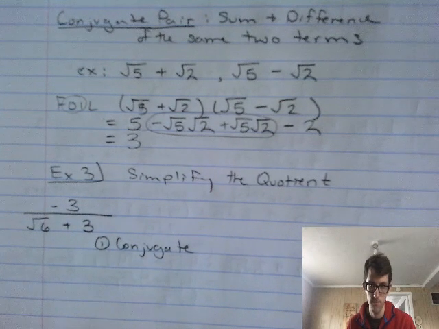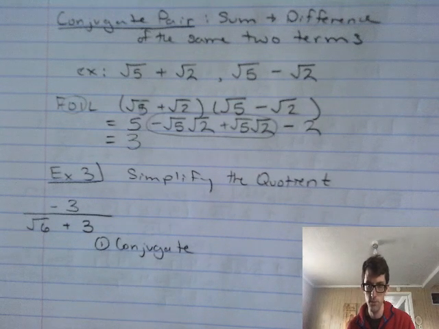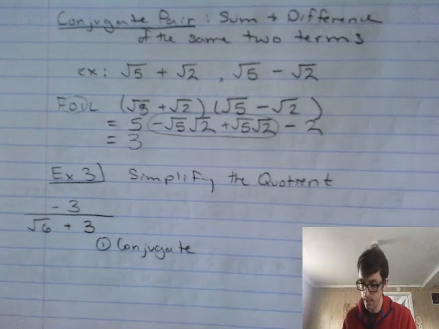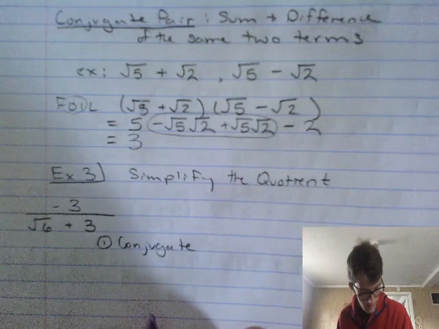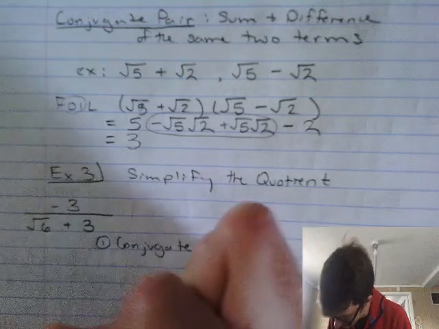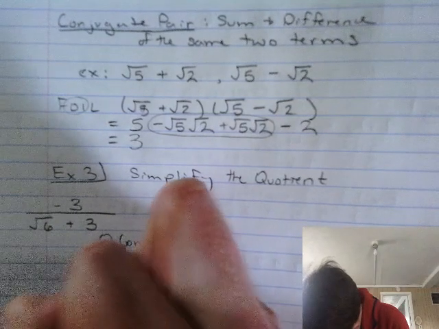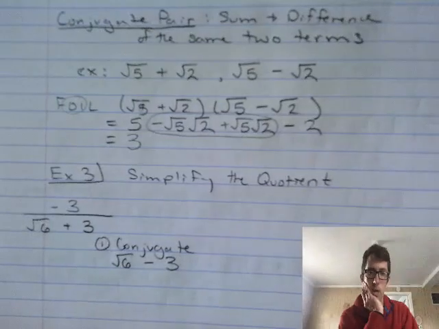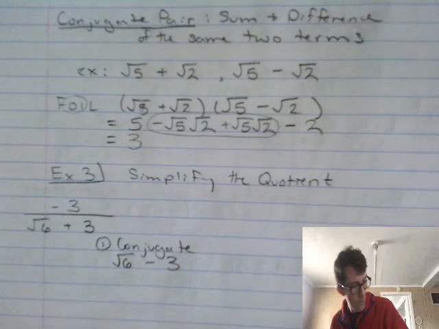What is the conjugate to that? Give you another 5 seconds to think about that. The conjugate is, and I'll write it beneath it, the square root of 6 minus 3. Okay?